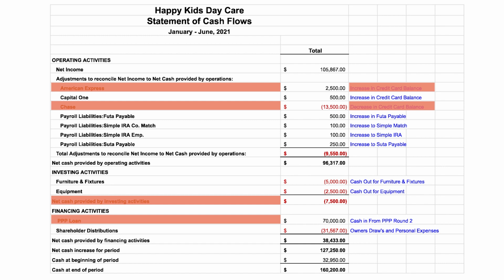She took money out of the business for her own personal use, listed here as shareholders' distributions. This isn't a deductible expense as she's not paying herself W-2 wages. So if we look in column B at the net cash provided by financing activities, which amounts to $38,433, and subtract the following: the total adjustments to reconcile net income to net cash provided by operations, which is $9,550, and the net cash provided by investing activities, which is $7,500.